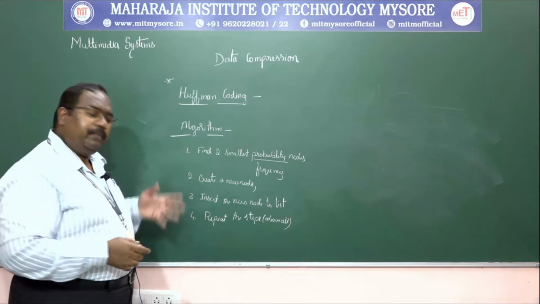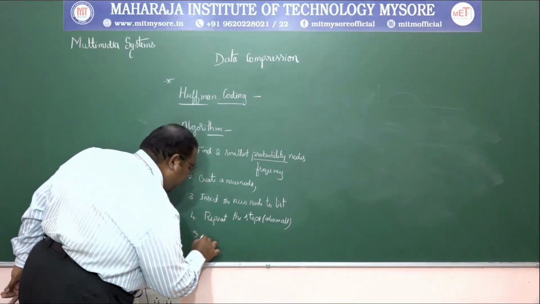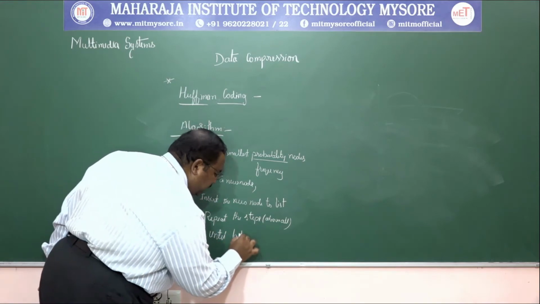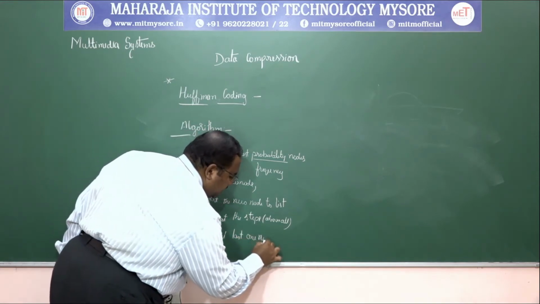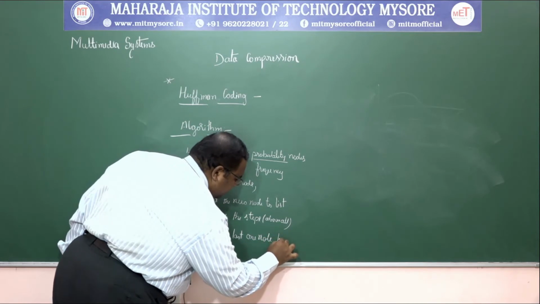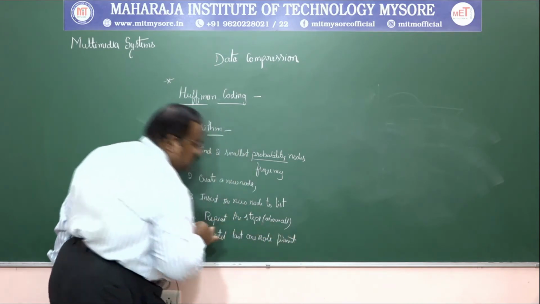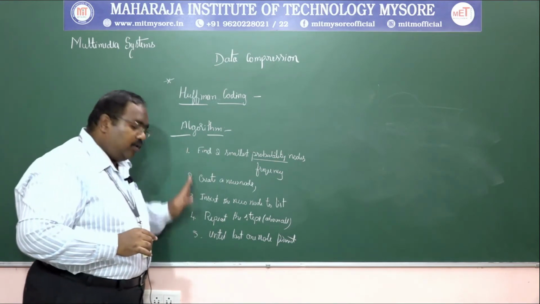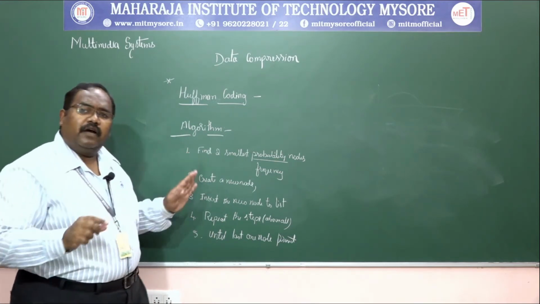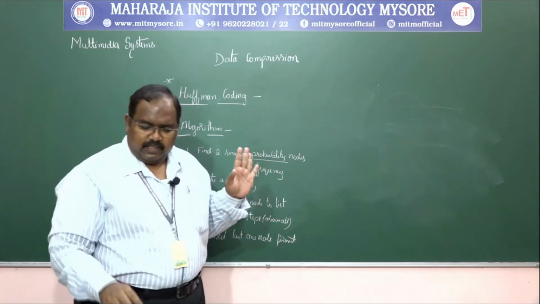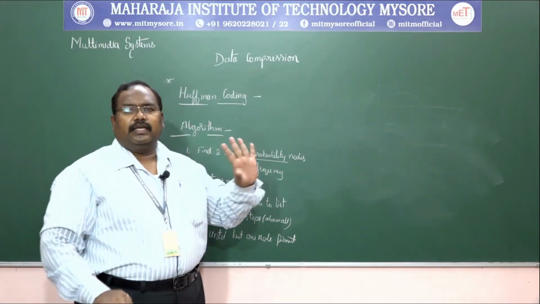So how long should we repeat it? We should repeat until only one node is left. So we need to carry out this process until the final one node is remaining. This is the algorithm.